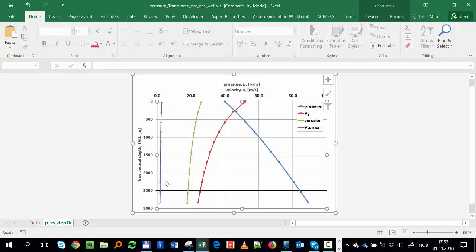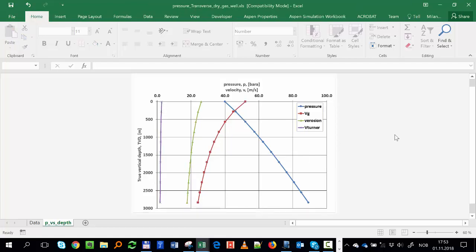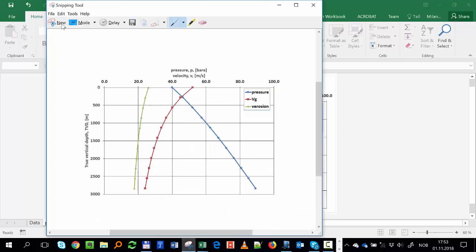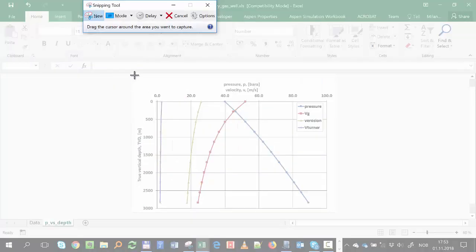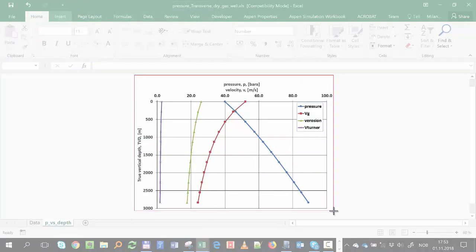And I get this line, which tells me, remember, being above the Turner is something good, because if I'm above that velocity, it means I'm lifting everything. Nothing is accumulating in the well. In erosion, it's the opposite. If I'm above it, I'm in trouble. So that's what I get.